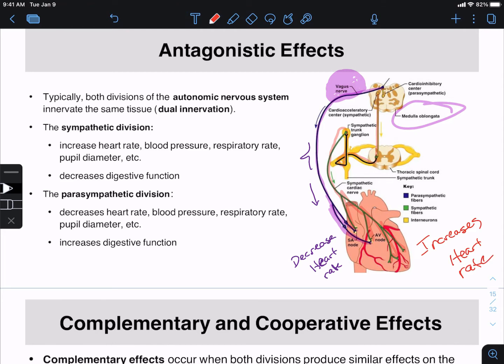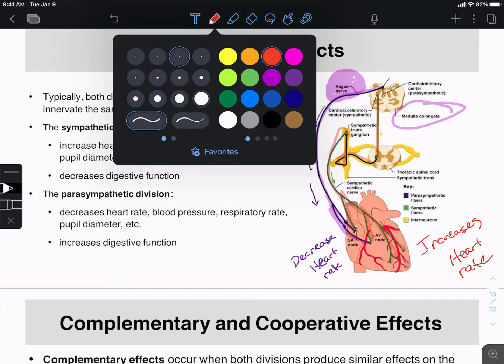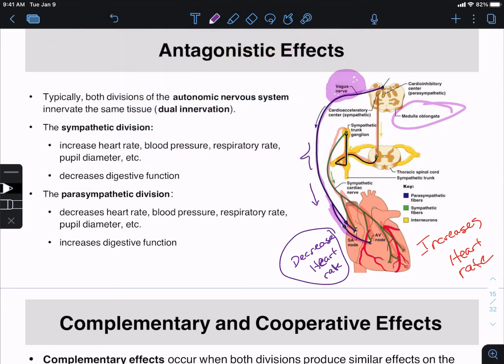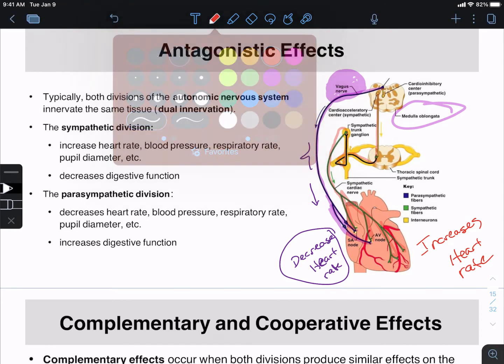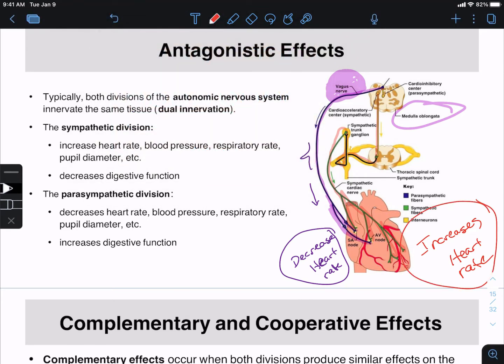This is a classic example of antagonistic control. It also illustrates a very interesting principle. I like to think about this as driving a car. Most tissues have a brake, and I think of the parasympathetic nervous system as my brake, and it has an accelerator or gas pedal, which I think of as my sympathetic nervous system.